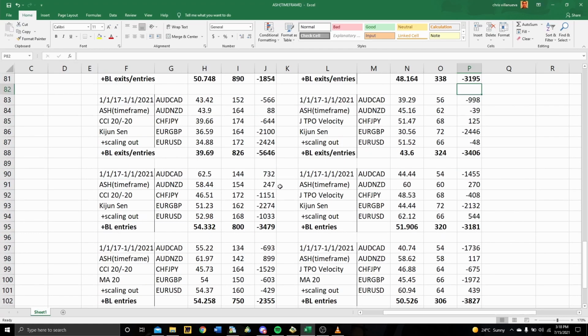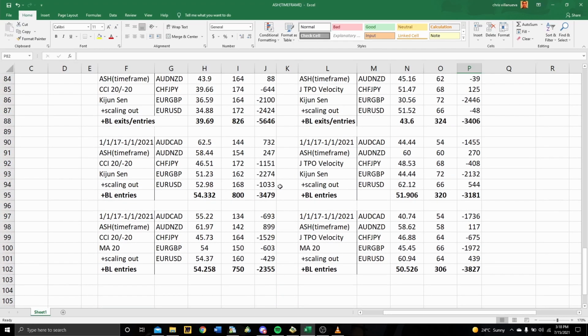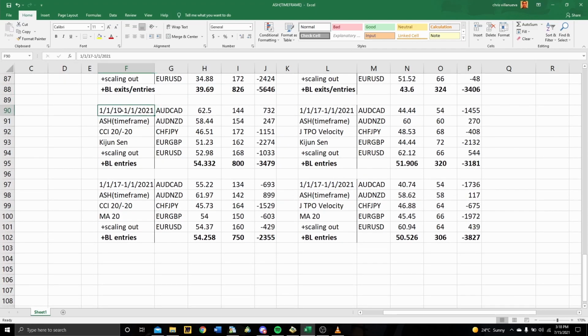And then the last thing I tested was baseline entries only and no baseline exits, which interestingly increased the win rate for both CCI and JTPO combos. I think that because we're not exiting a lot of trades earlier, we're getting into less trades.